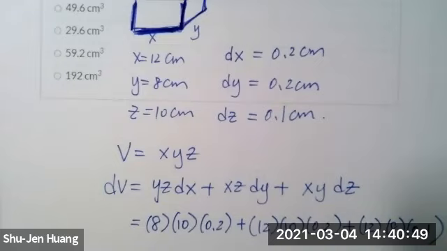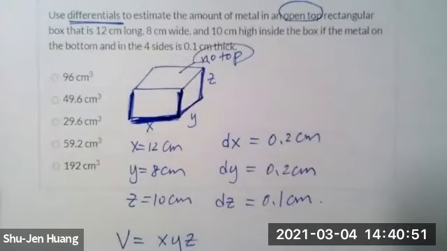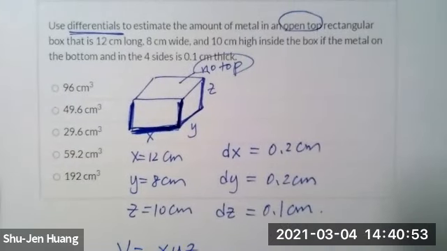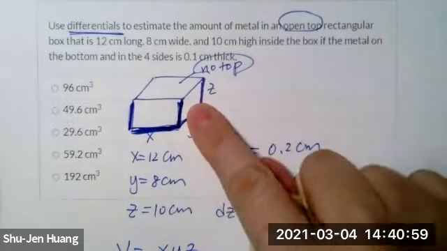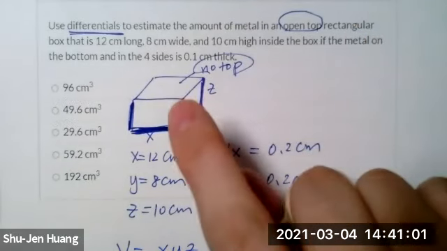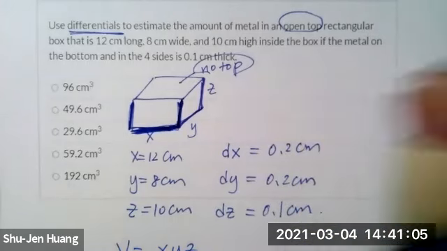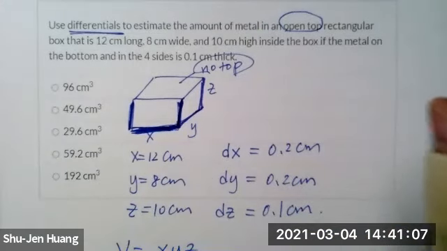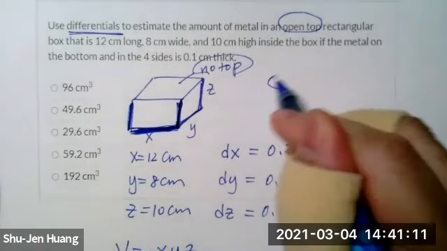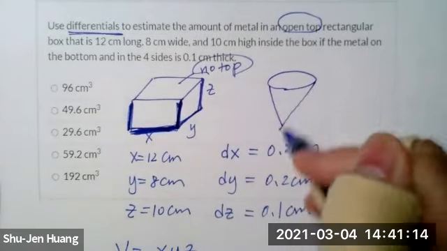Yes, other than a box and a cone, what other volume equations should we know just in case for the exam if we get a problem like this? Okay, so for the volume, of course, you need to know the rectangular box. You need to know the cylinder, right? You did something like that on the homework. And how about the cone?